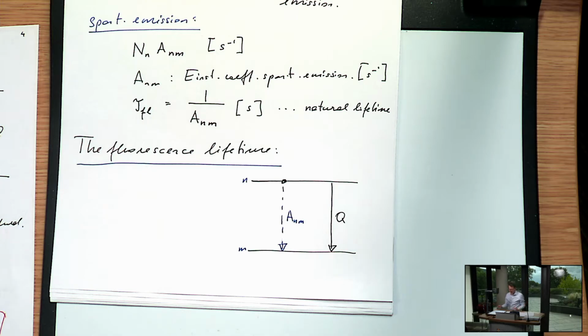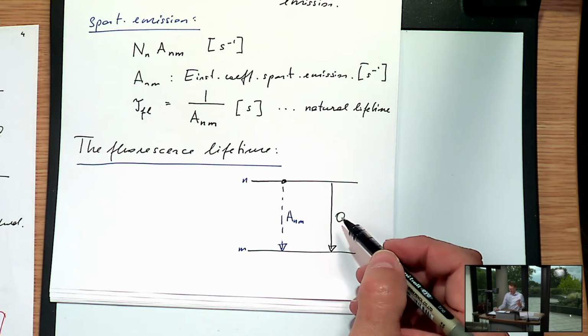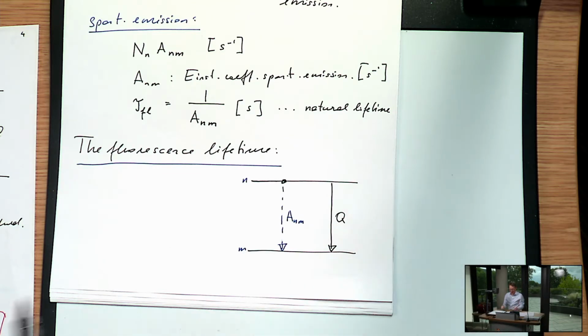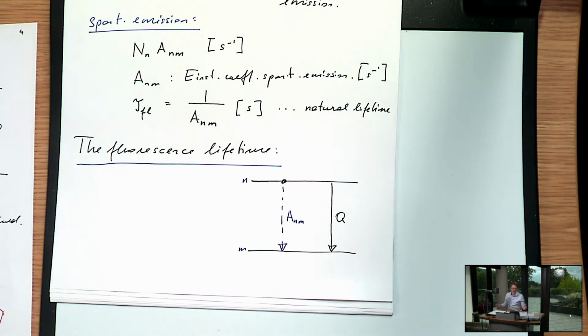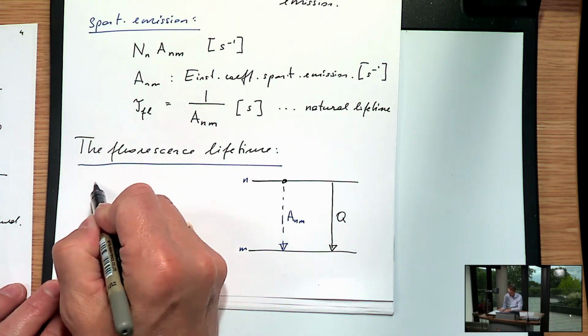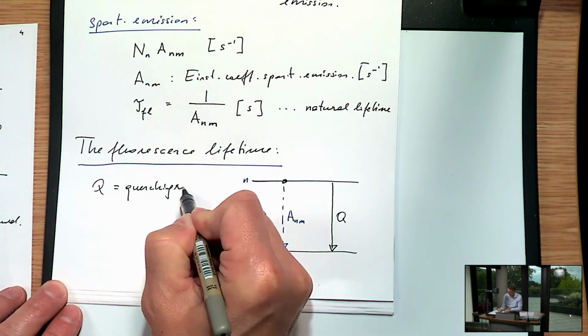There's no photon coming. This rate is therefore called the quenching rate, Q. You're quenching the fluorescence. It's a loss in signal, so Q is a nuisance because it reduces your signal, but it also turns out to be very useful, because the rate at which quenching occurs depends on lots of different processes and gives you information. I'll go into that in a minute.